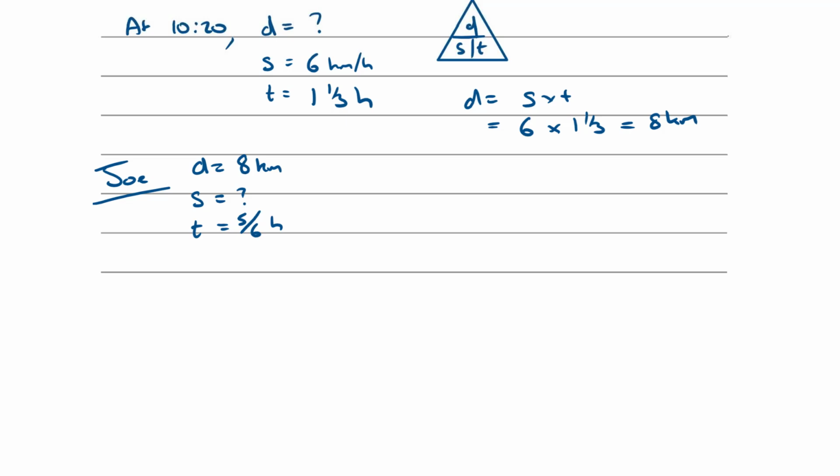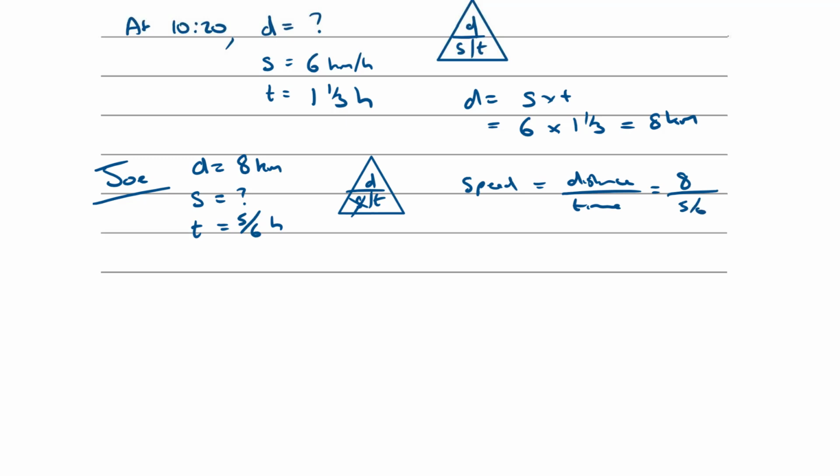So Joe's speed then, again using the DST triangle, DST, cover up the thing you want to find. So speed equals distance travelled divided by time taken. So he's going to do 8 kilometers in 5/6 of an hour.